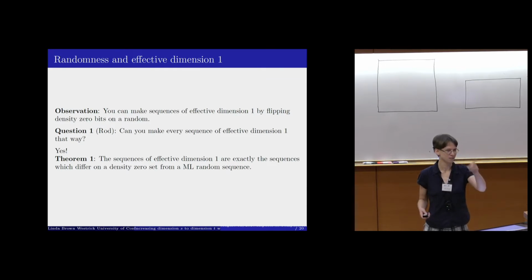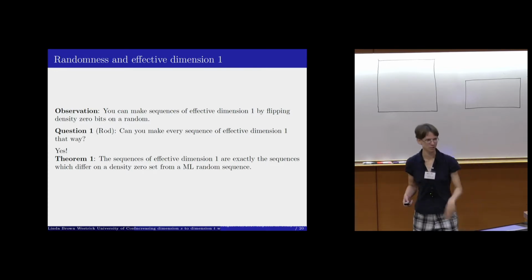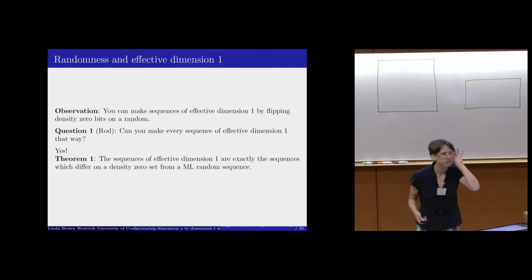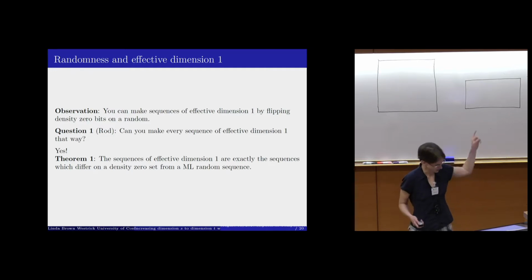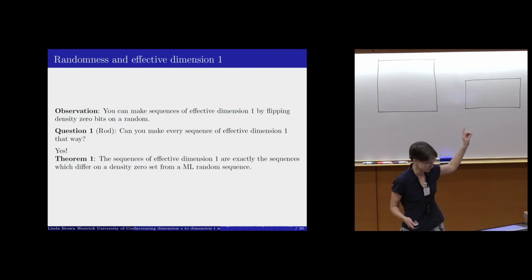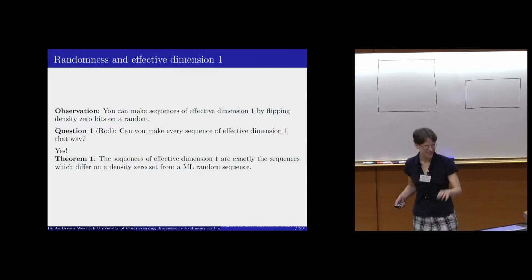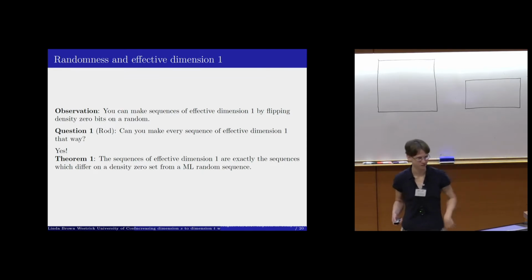I agree with what you said, and maybe I could have put a better wording on this slide, but that's exactly what I meant to say, because randoms always have dimension 1. Yes, I should have said you can make sequences of effective dimension 1 that are not random by flipping density 0 bits on a random in some way that you can recover some information from them.